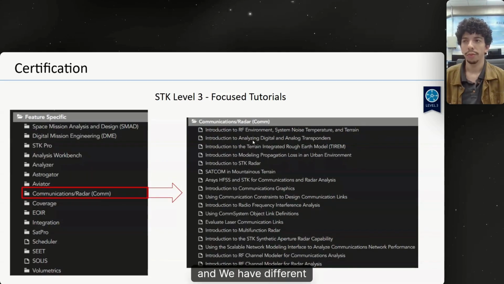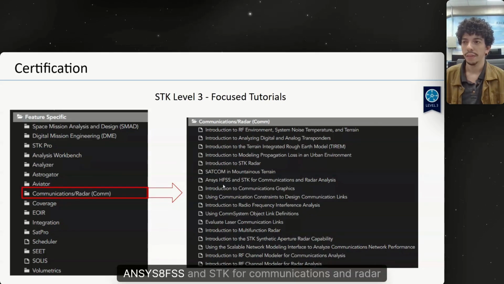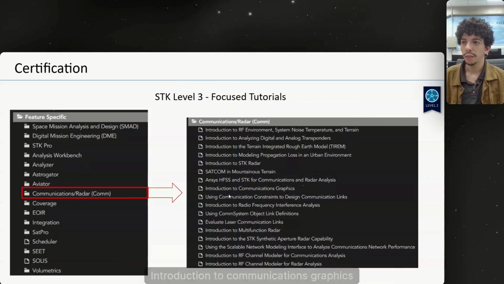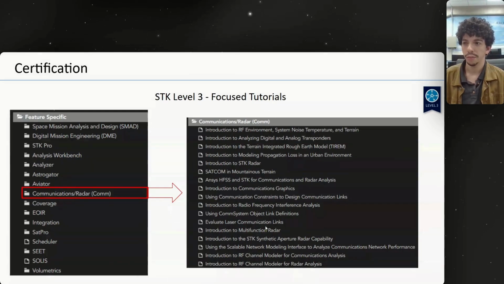And we have different scenarios. For example, introduction to STK, SATCOM mountain steering, okay? ANSYS HFSS and STK for communications and radar analysis, introduction to communications graphics, and the others.